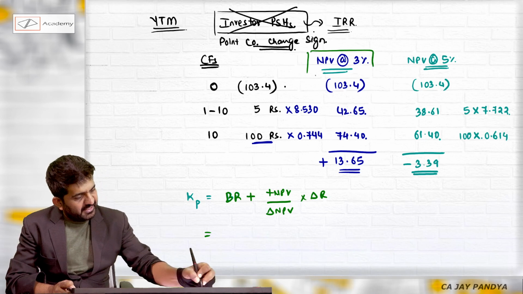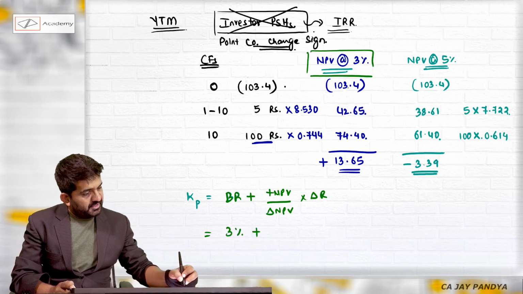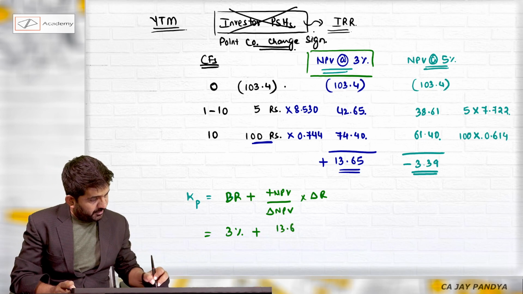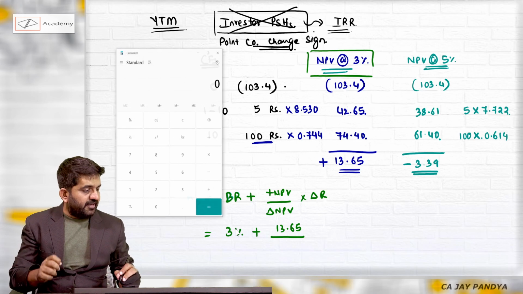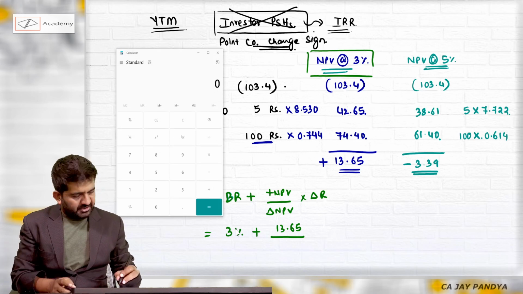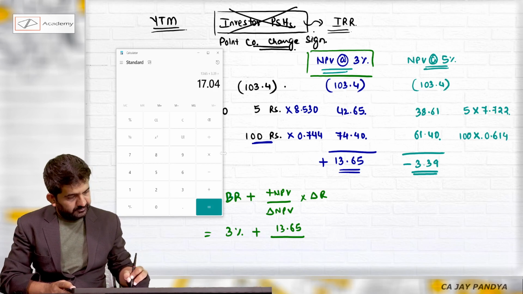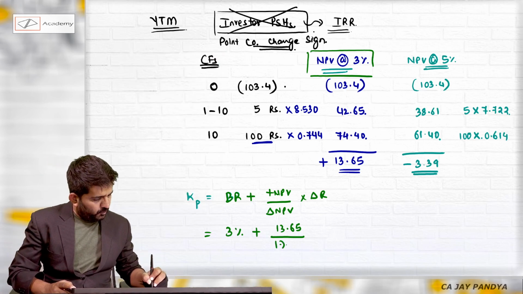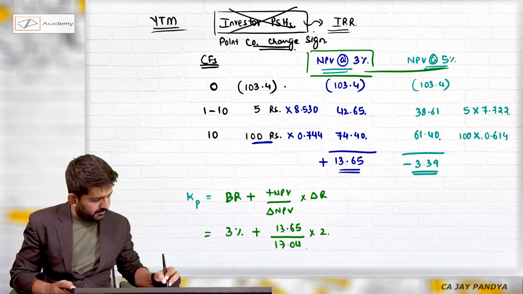Base rate I'll be taking 3%, plus positive NPV is 13.65. Difference in NPV is 13.65 minus minus 3.39, that is plus 3.39, 17.04. Difference in rate is 2%.